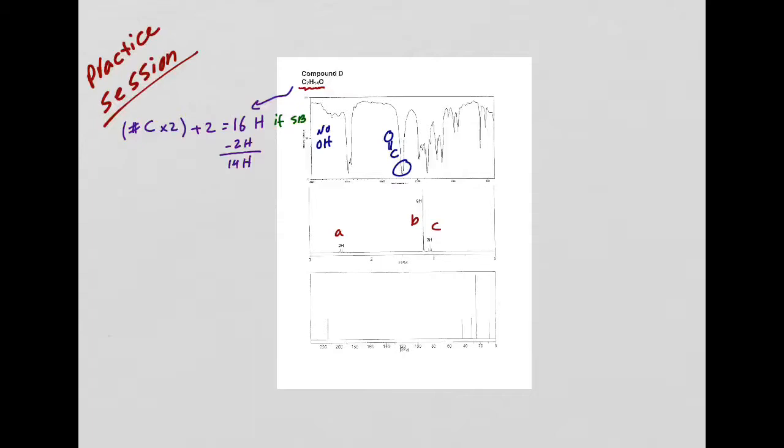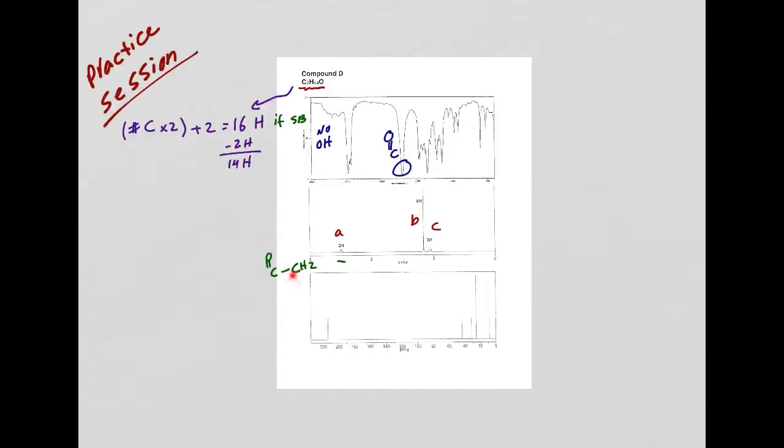Now, I have a peak over here that is about 2.5. So it's downfield. What did we talk about? We said that if a hydrogen is attached to a carbon, and that carbon is attached to a carbonyl, that makes it to be around 2.5 ppm, right? So probably these 2 hydrogen are attached to a carbon that is attached to a carbonyl.